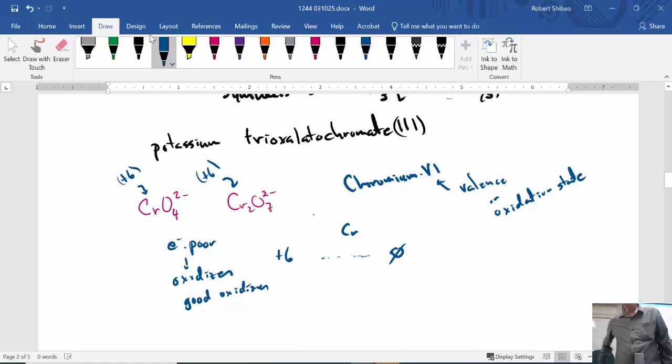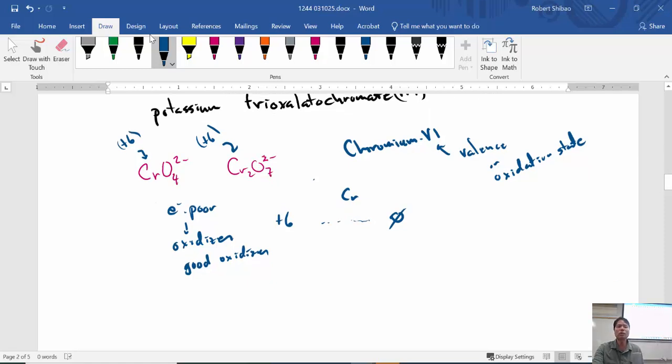Let me talk about one final thing. Not only are chromate and dichromate similar in terms of redox, they're actually interchangeable, and the way they're interchangeable is like this.